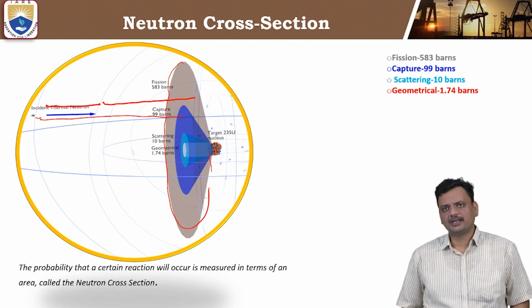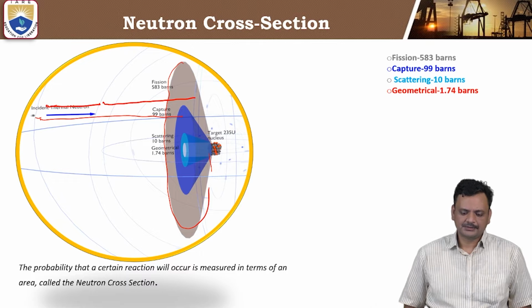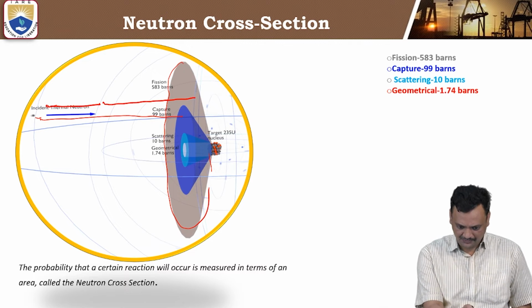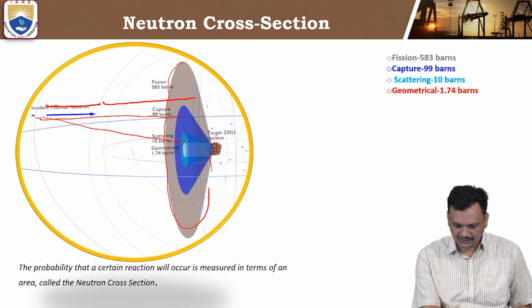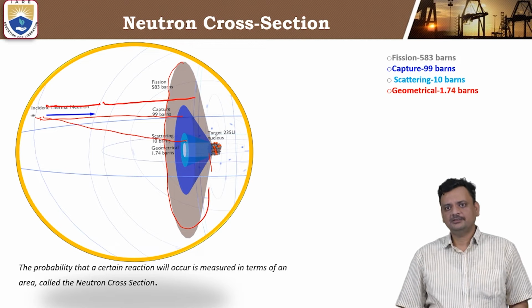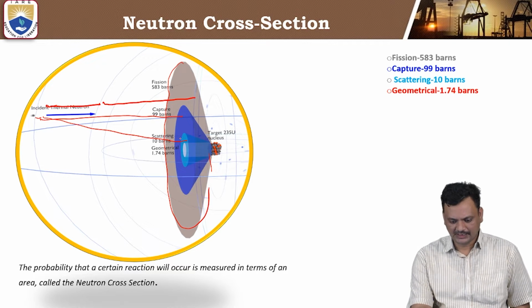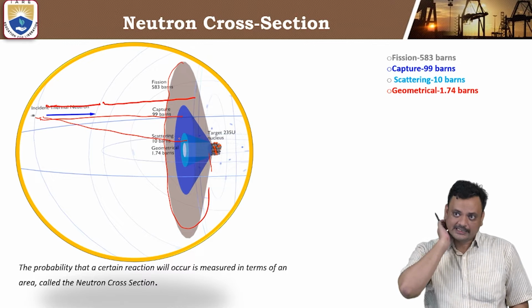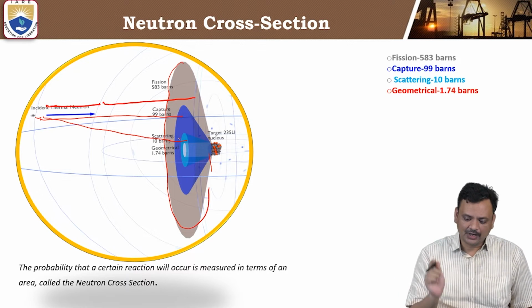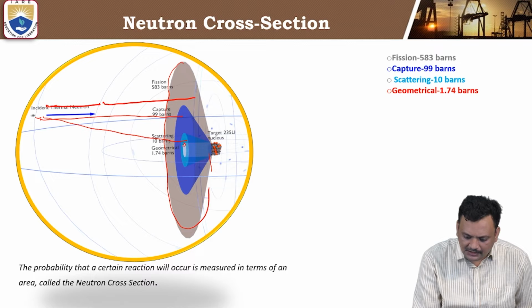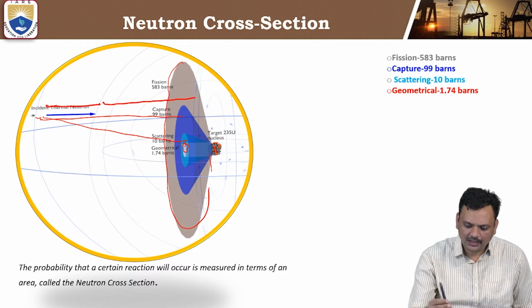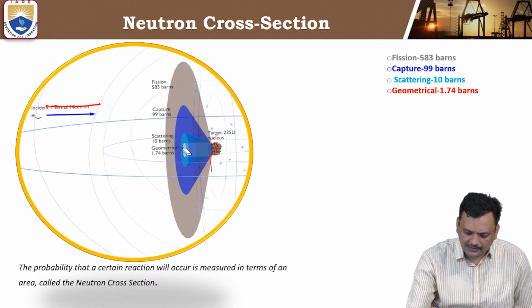I am focusing here on neutron cross sections. When the neutron approaches this sky region, it will go for scattering. And there is one more region, shown here in white color.